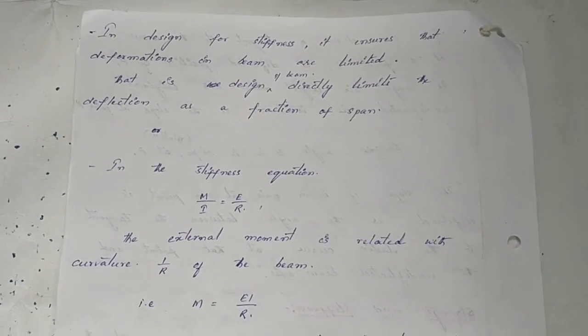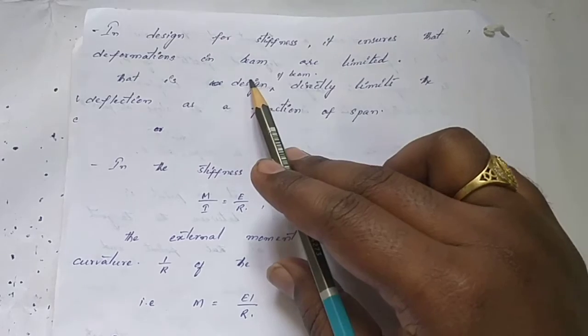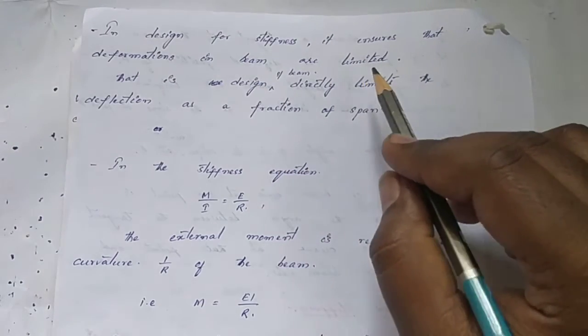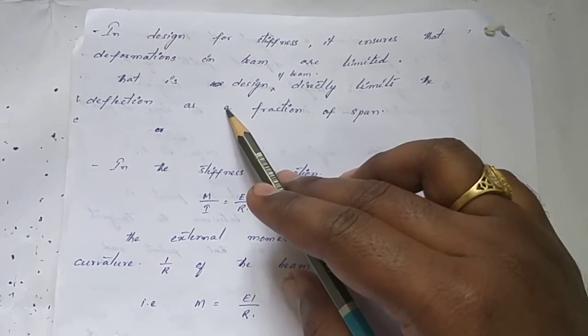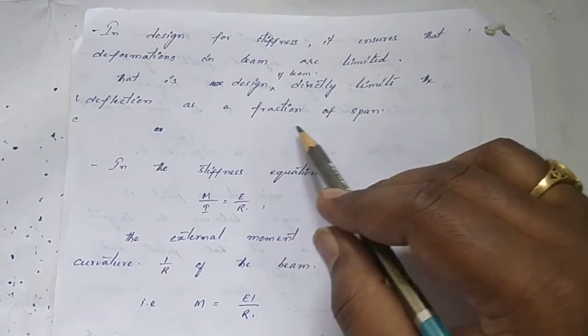In design for stiffness, it ensures that deformation in the beam is limited. The design of the beam directly limits the deflection as a fraction of the span.